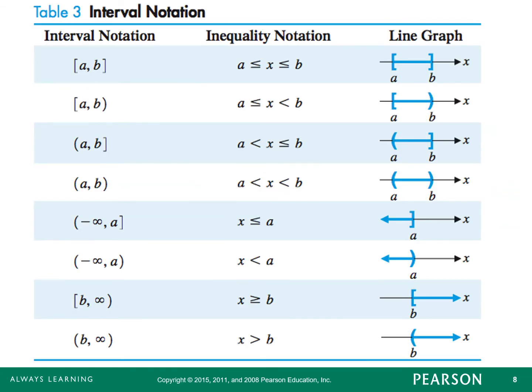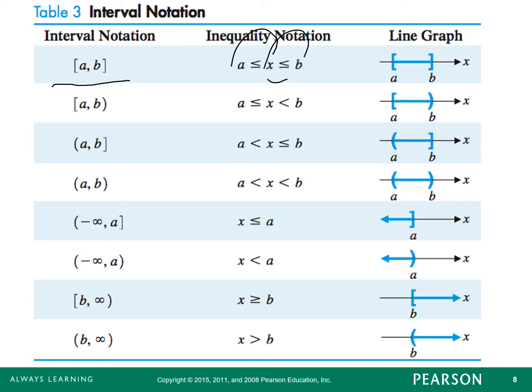In this chapter, let's talk about the interval notation. Imagine that we have a domain AB closed from both sides, and at the same time we have the inequality notation, which is x bigger than or equal to a, and at the same time x smaller than or equal to b.